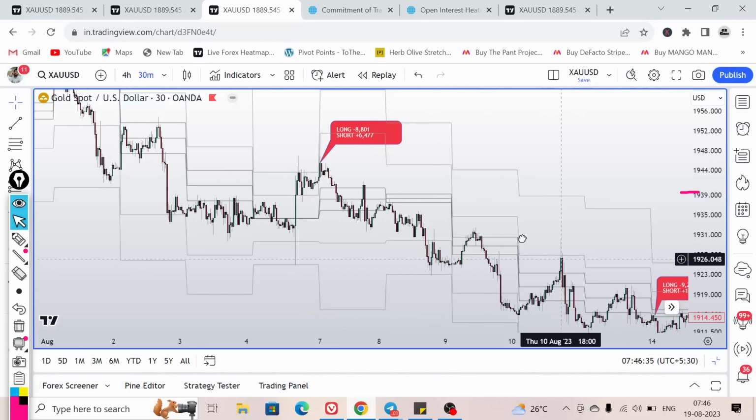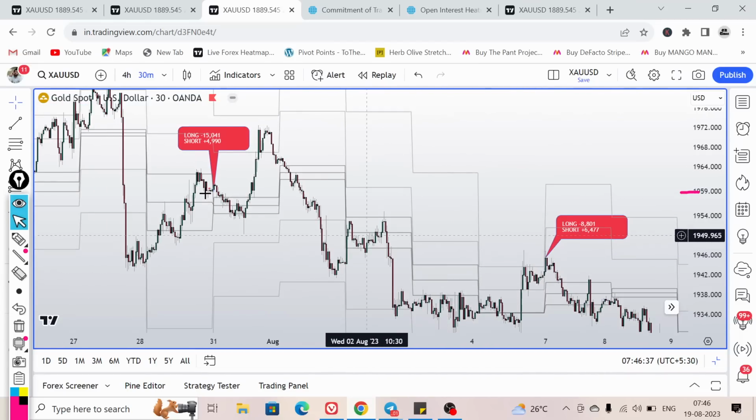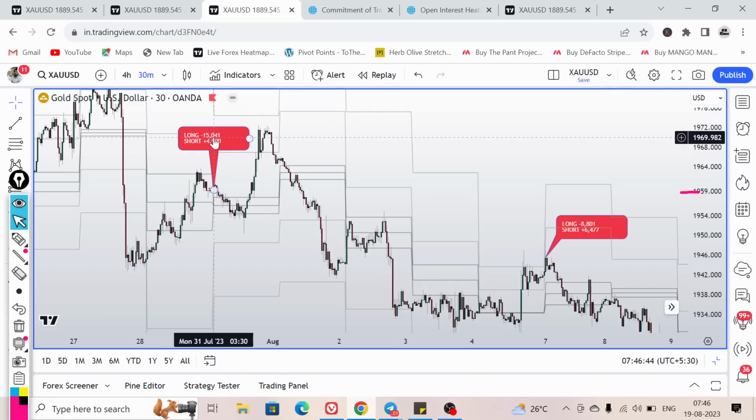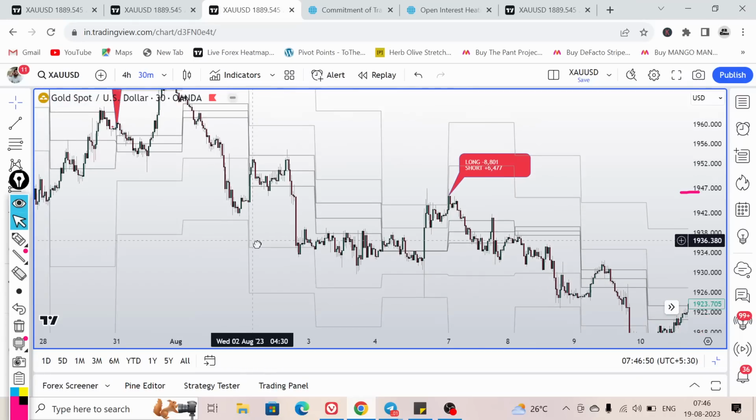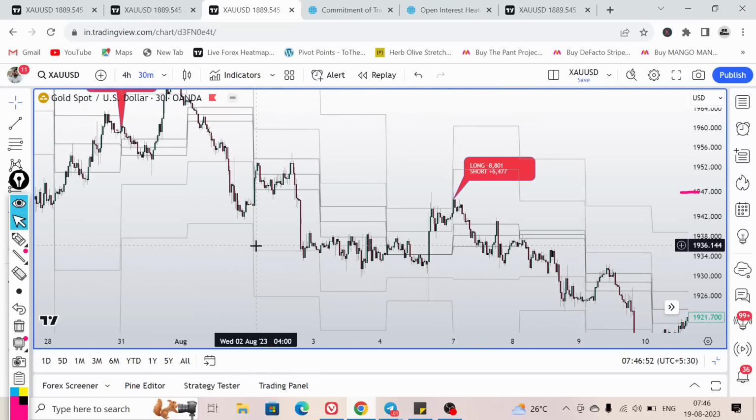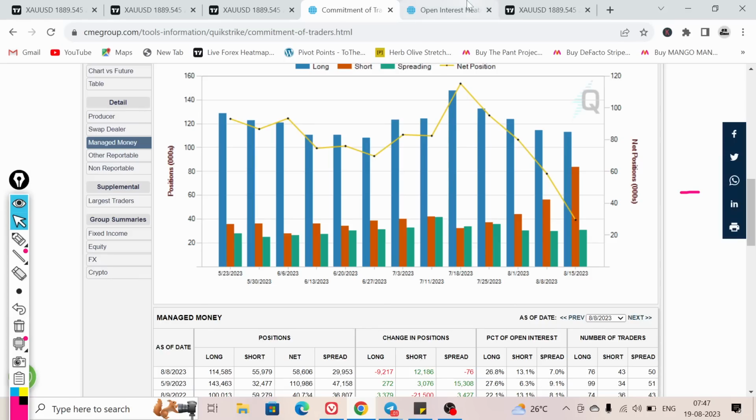And before that also, they decreased a good number of long positions, -15041, and added a good quantity in the short. So whenever they change their positions, we can see the impact on the price in the gold chart. So as per the current COT report, these are the positions.